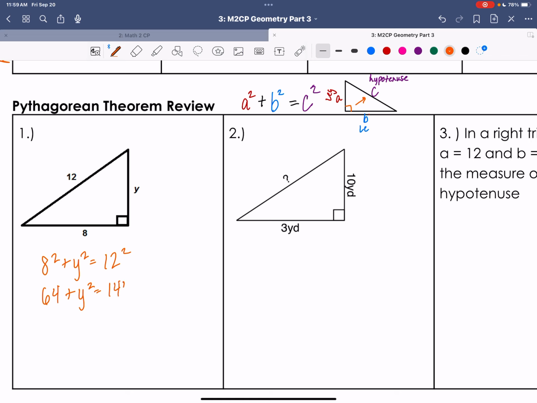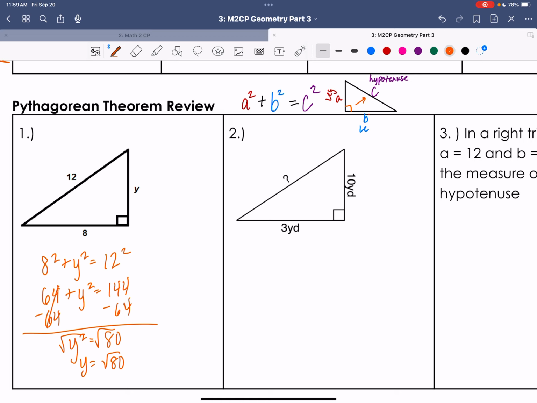Subtract 64, and then you're going to get y squared equals 80. Now, take the square root of both sides, so you get y equals root 80.